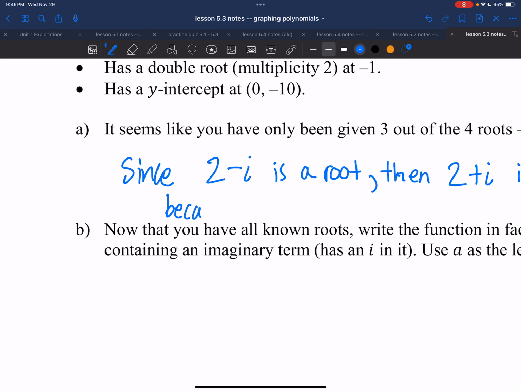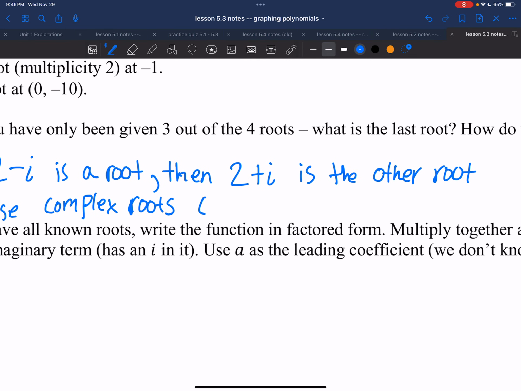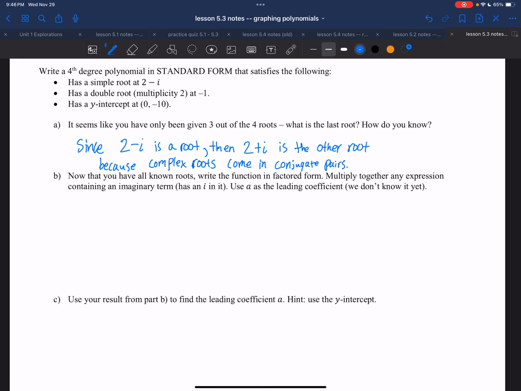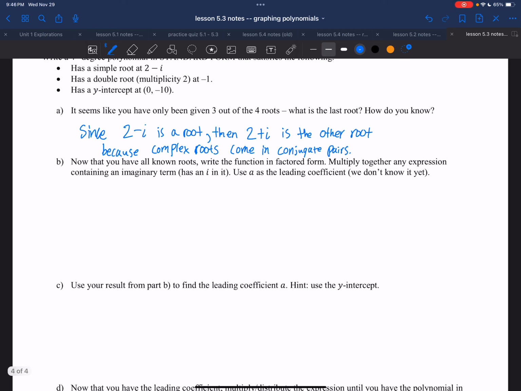Because, and this is the same thing we just wrote in gold, complex roots come in conjugate pairs. Sorry, I feel like I took 7 years to write that sentence. Okay, so since 2 minus i is a root, 2 plus i is the other root. Now here's the thing. You have all 4 roots now.